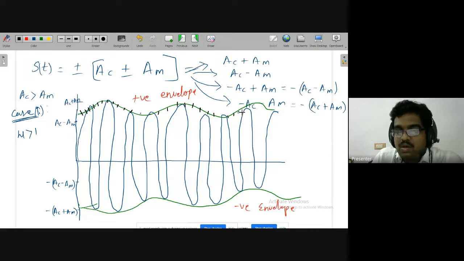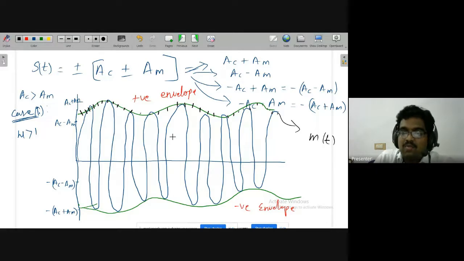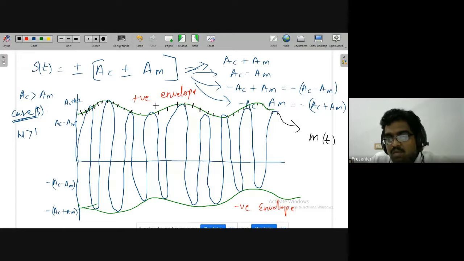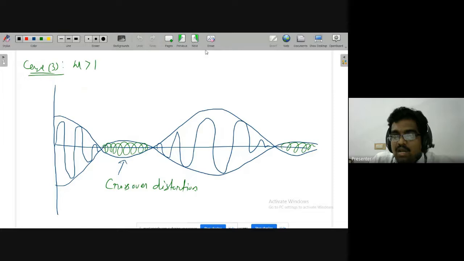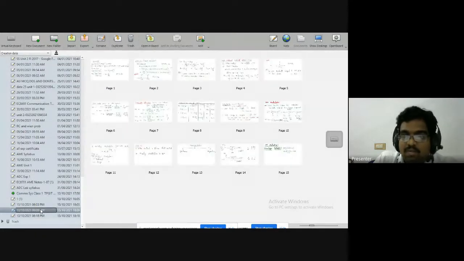If you carefully observe, this envelope itself is the shape of the message signal. That means you just trace the peak values, the envelope values. Now we have to design a circuit that traces only the envelope values. Then we can directly get the message signal. So that is the envelope detector.